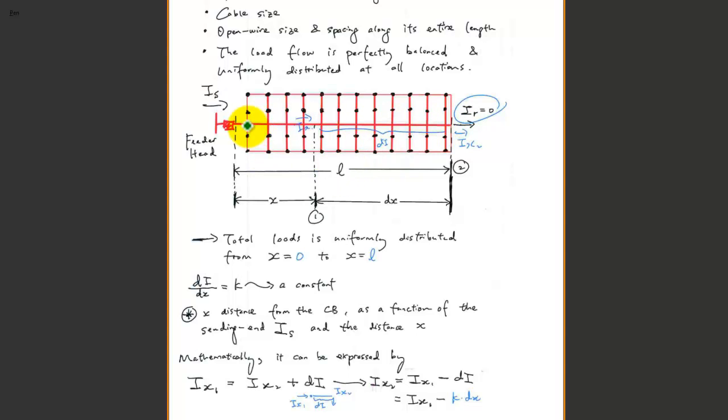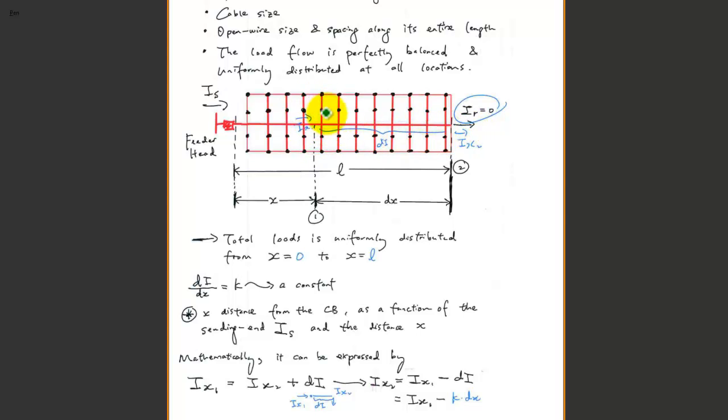And then the current is going to change when you go through every lateral part of the loads here, right? Mathematically, it can be expressed as Ix1 equal to Ix2 plus di, and that's the difference between all the currents.